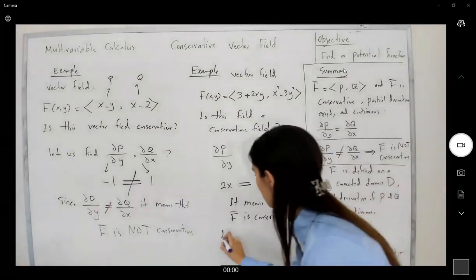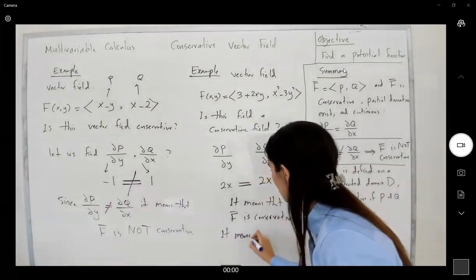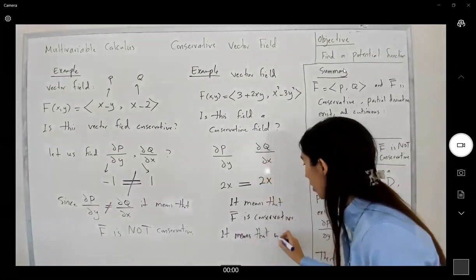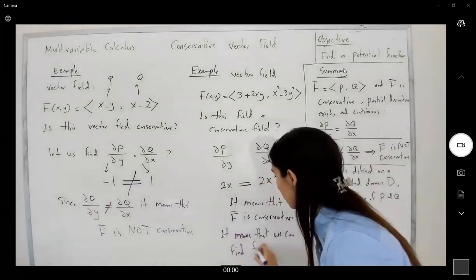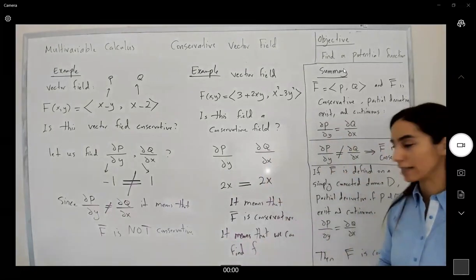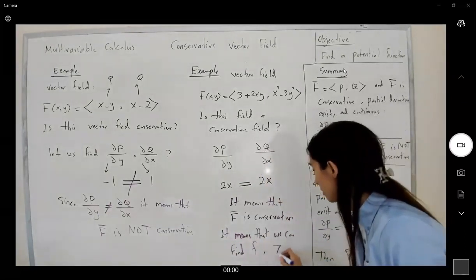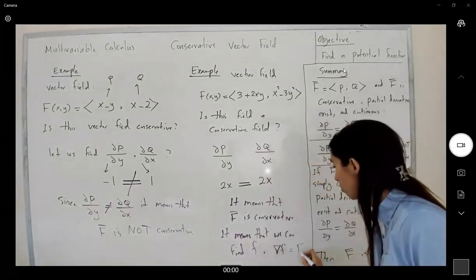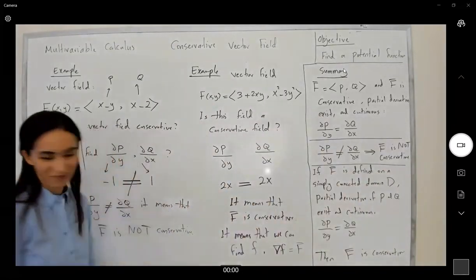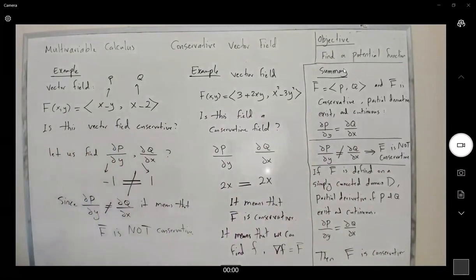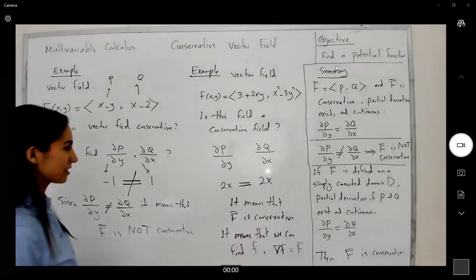It means that we can find a scalar function f such that the gradient of f is equal to your vector field. Excellent.